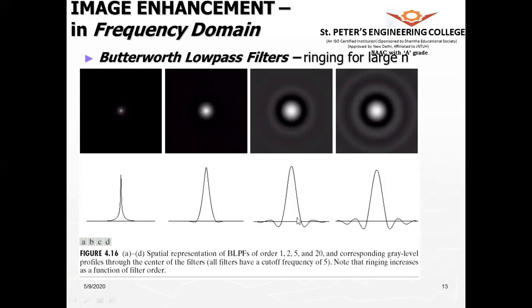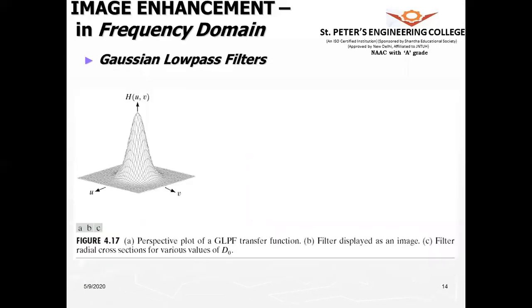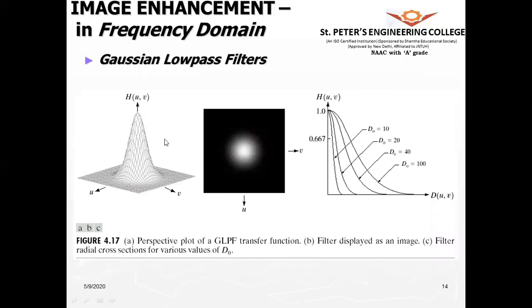So therefore, even the Butterworth low pass filter is not the best choice. So we go for the Gaussian low pass filter, which has a bigger area under the curve. All right. So therefore, we go for the Gaussian low pass filter. As you can see from here, this is the pass band, stop band, and the transition band.